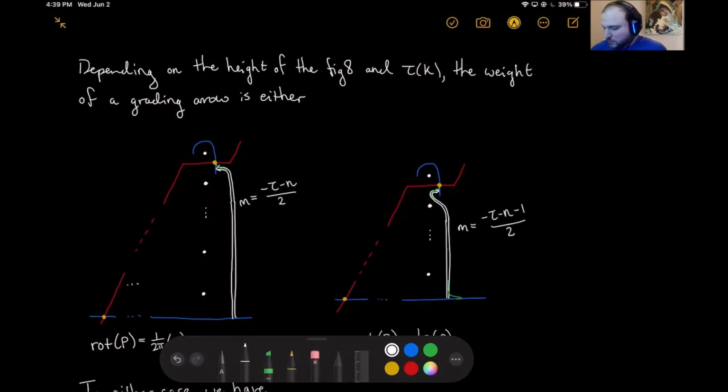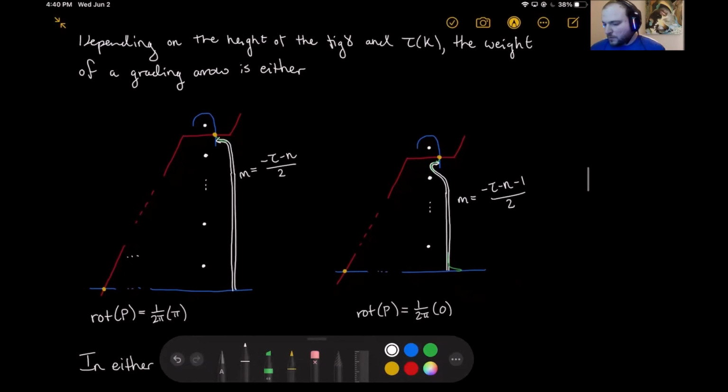If you run through an argument like that, we find that either the weight of this grading arrow is minus tau minus n over 2, or minus tau minus n minus 1 over 2, depending on the parity of tau and n. Seemingly, this breaks this problem up into looking at two cases at every step.